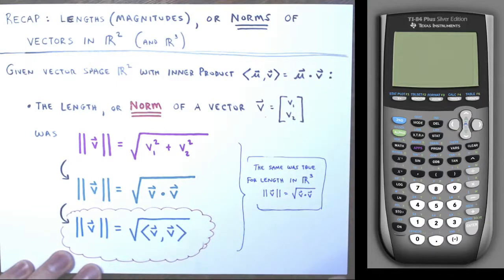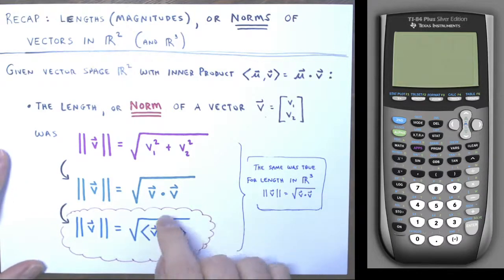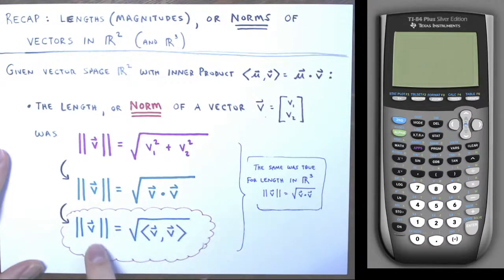It's an inner product on any Euclidean space, R2, R3, but just specifically R2 right now. And so yet another way this could be expressed, which is going to be very important for us later in the video, is that the norm of a vector v is equal to the square root of the inner product of v with itself.